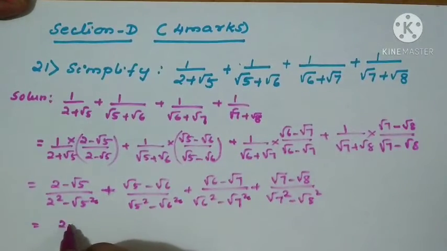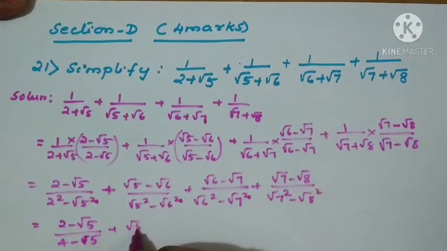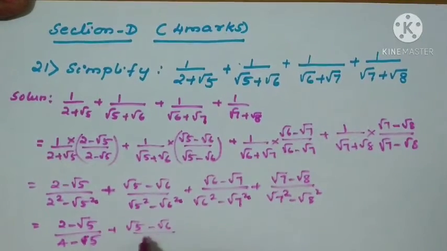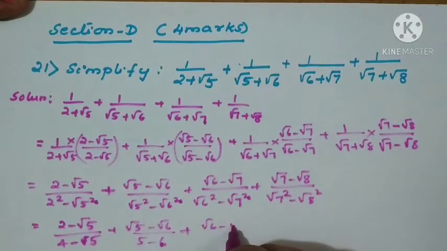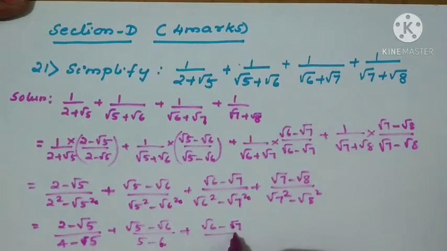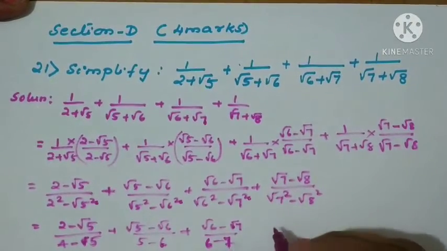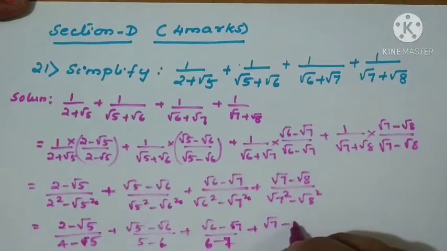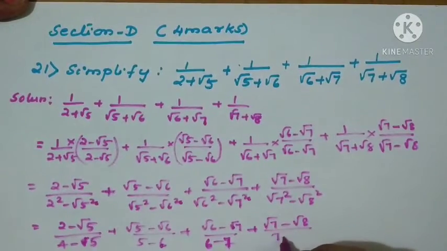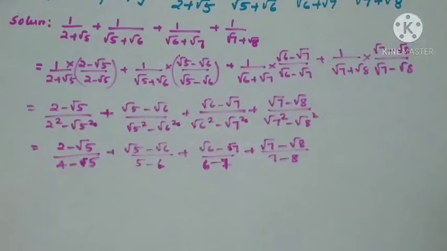Equal to 2 minus root 5 over 4 minus 5, plus root 5 minus root 6 by 5 minus 6, root 6 minus root 7 by 6 minus 7, plus root 7 minus root 8 by 7 minus 8.